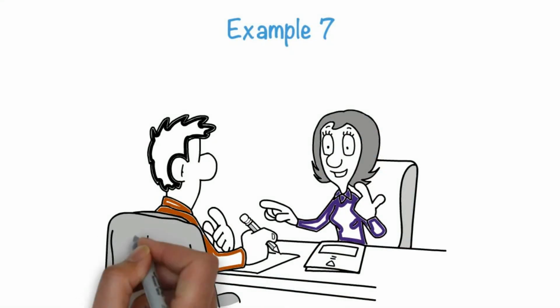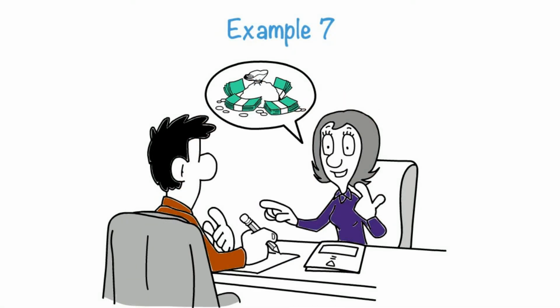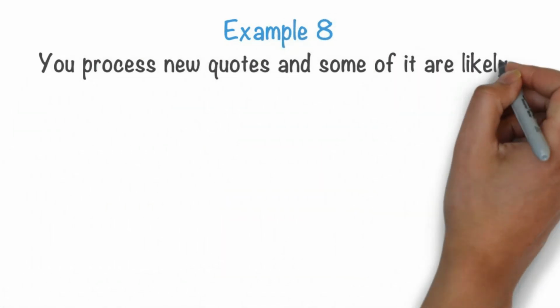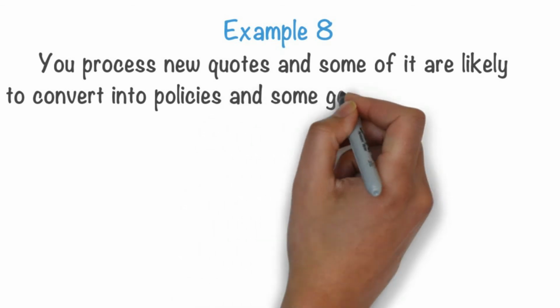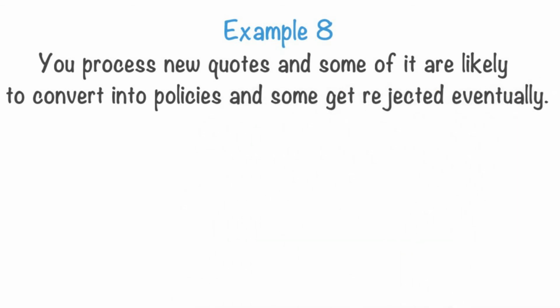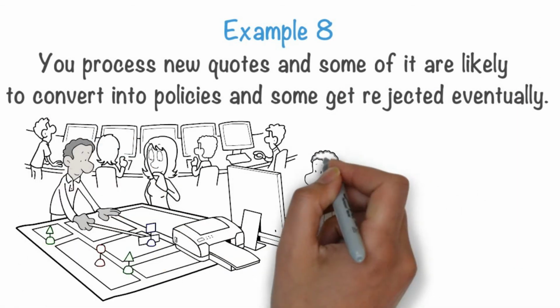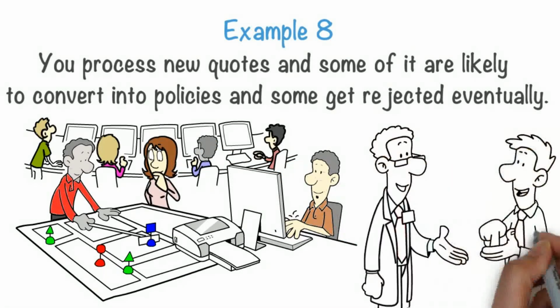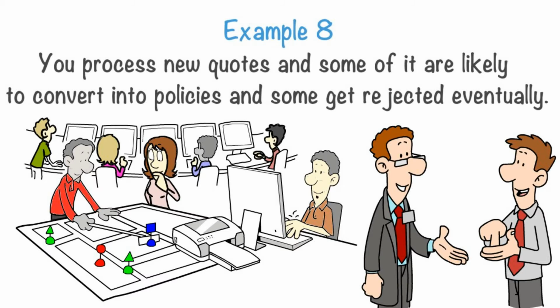Analytics can help in improving receivables for an insurance service provider by AR profiling. Example 8. You process new quotes and some of them are likely to convert into policies and some get rejected eventually. You can choose to predict and prioritize proposal requests that are likely to convert, thereby improving conversion rates.